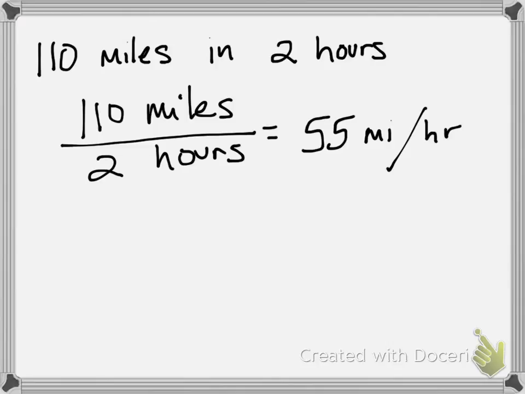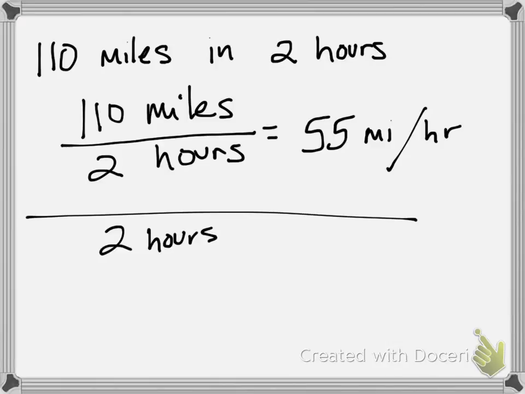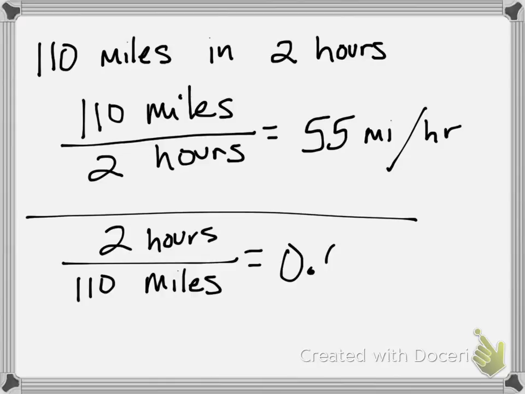Now, what if we had done the division the other way? What if we had said, well, I'm going to do the 2 hours divided by the 110 miles. It isn't wrong to write it this way, but when you actually do the calculation, it's going to look pretty weird. So if we do our 2 hours divided by 110 miles, we get this as our answer.